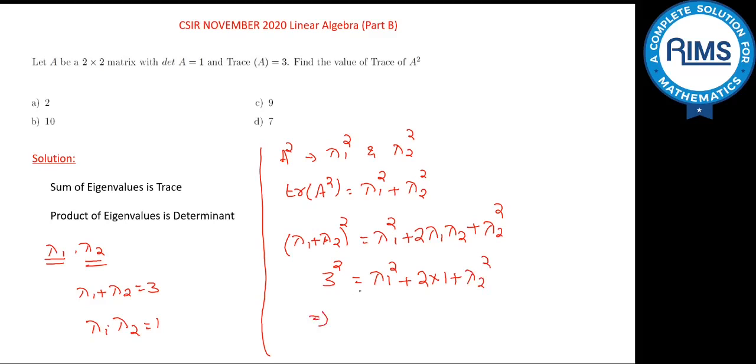That implies 9 minus 2 equal to lambda 1 square plus lambda 2 square, which is equal to 7, that is lambda 1 square plus lambda 2 square equal to 7, that is trace of A square equal to lambda 1 square plus lambda 2 square, which is 7. Therefore option D is true. Okay.